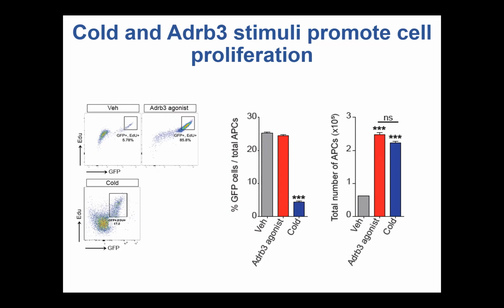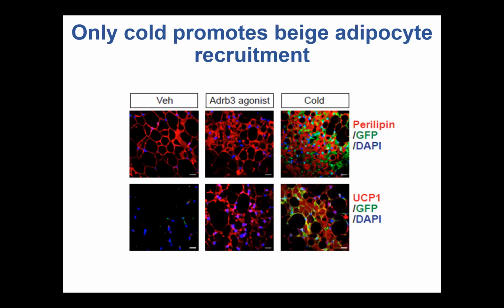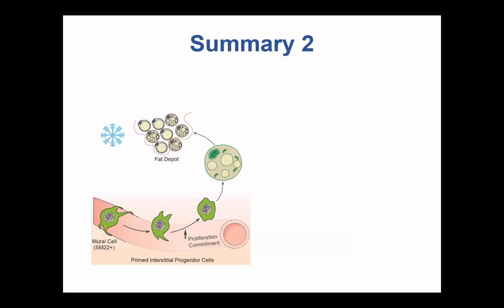So to validate this, we took tissues and stained for GFP after 3 days of exposure to cold or beta-3 agonist. And we can see that indeed the treatment with cold does induce the recruitment of beige adipocytes, whereas beta-3 agonists didn't induce the recruitment of SM22 positive adipocytes or progenitor cells.